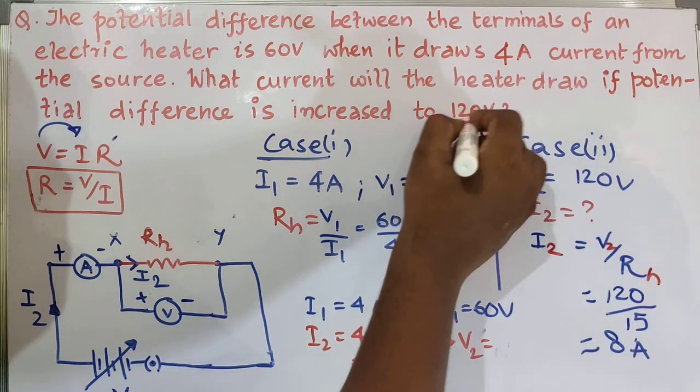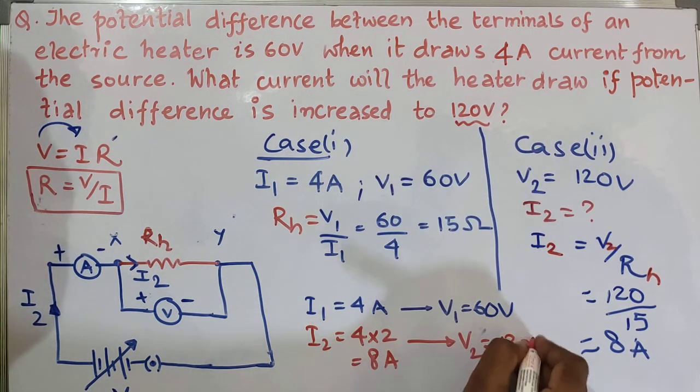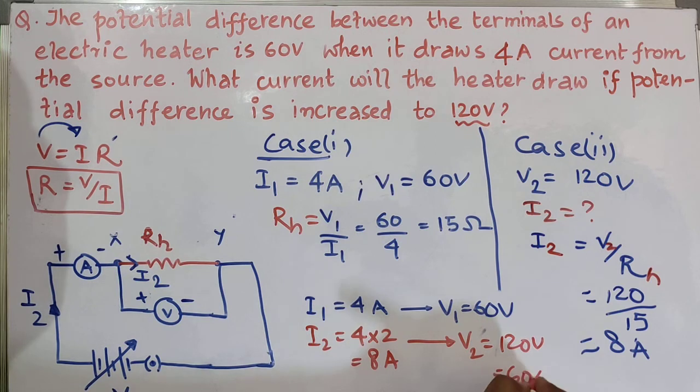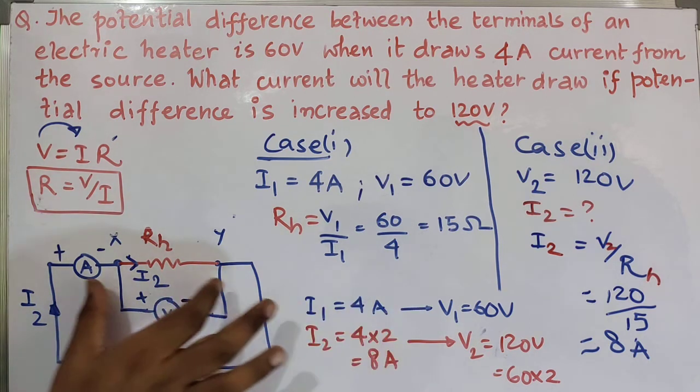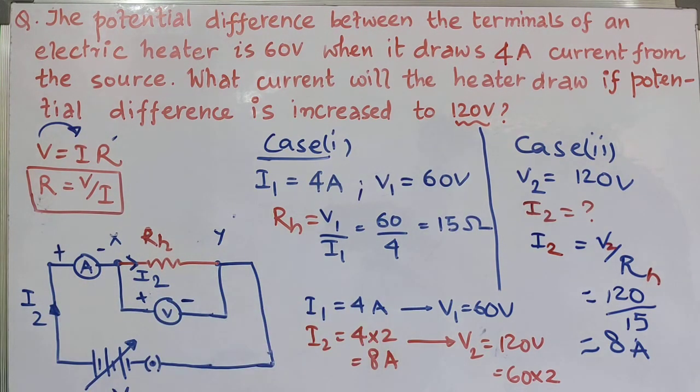What is the voltage? 120 volt. Yes, it became double. So with this you can clearly see that the potential difference across the conductor is directly proportional to the current. So this is how Ohm's law is satisfied when the resistance is kept constant.